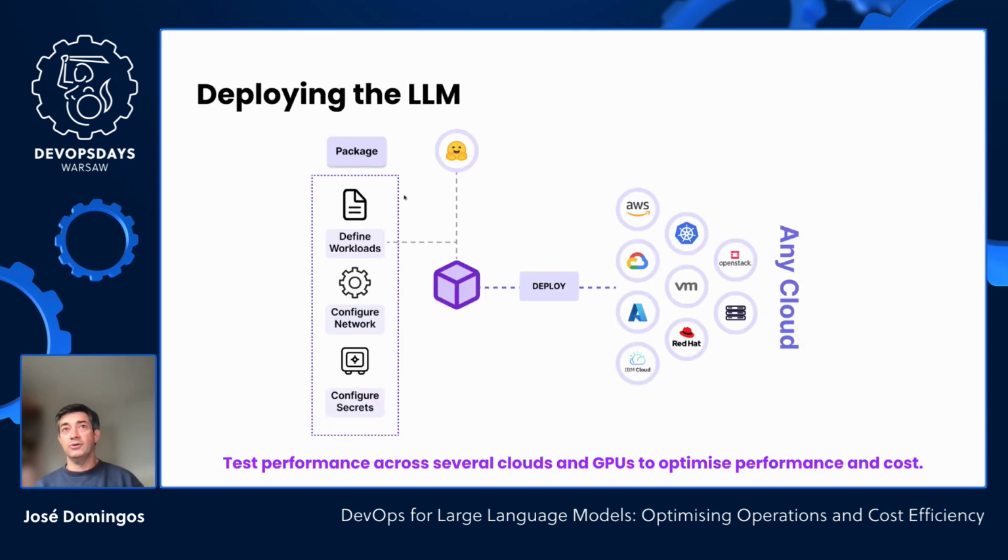So the next thing is, of course, you're deploying your model, and you may want to look at deploying your model on the most efficient compute platform, the one that offers you the best cost, or even the cloud that can offer you the right platforms you need. A lot of this testing, again, is quite important. This performance testing, having the ability to run your workloads on any cloud or on-prem, and the ability to test the performance with different GPUs.